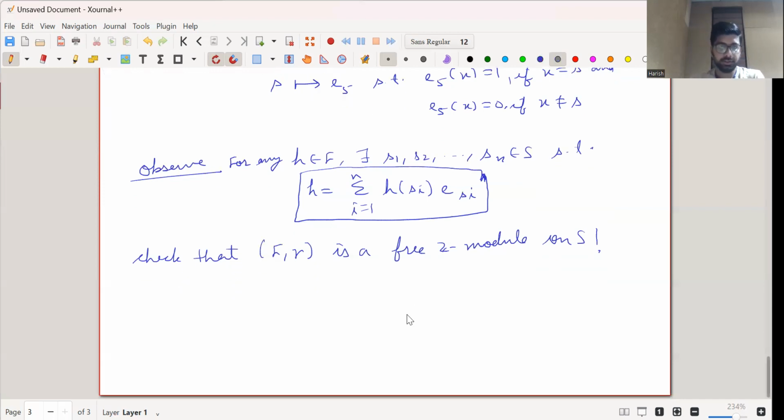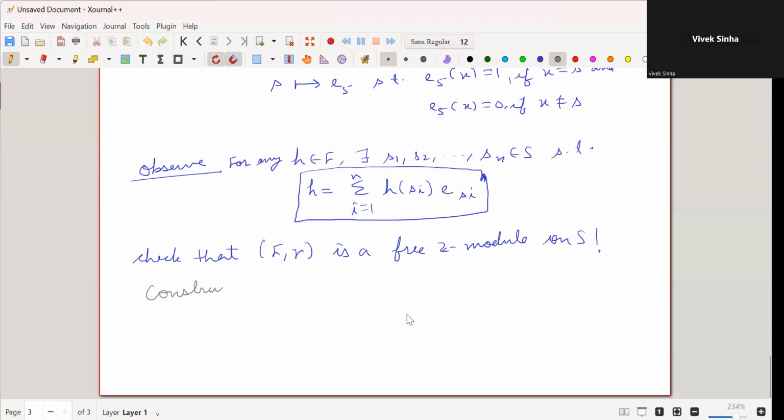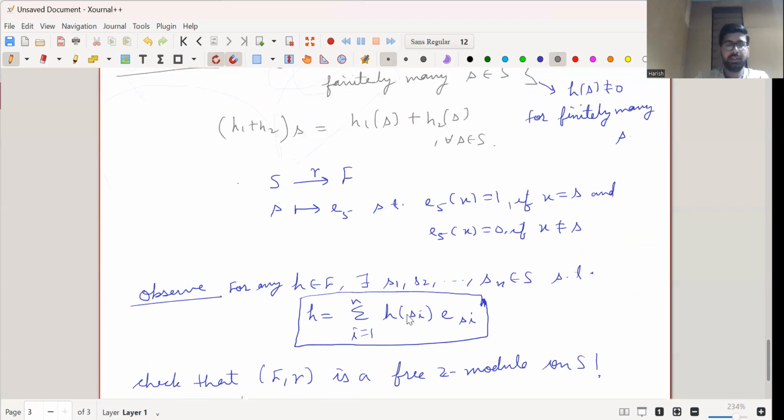The next thing is, sir, yes, Vivek. Sir, S to F and again S to E_S. It's not tensor. It's a map from S to F. And this small s, an element of S, is mapped to ES, which is an element of F. Do you understand what's happening?